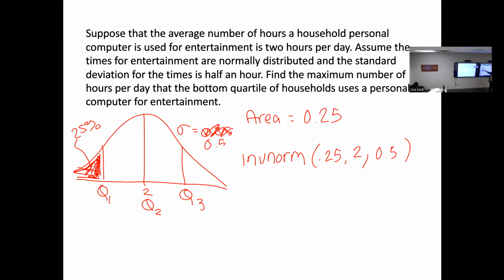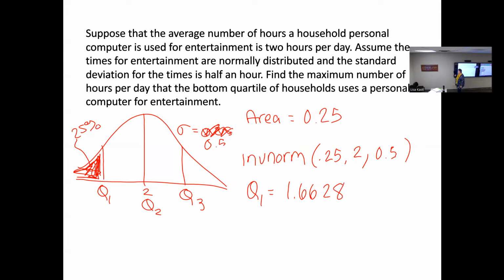So we go second, variables, distributions. Number 3 is inverse normal. The area under the curve is 25%, 0.25, with a mean of 2 and a standard deviation of 0.5. Inverse normal, 0.25, 2, 0.5. 1.6628.